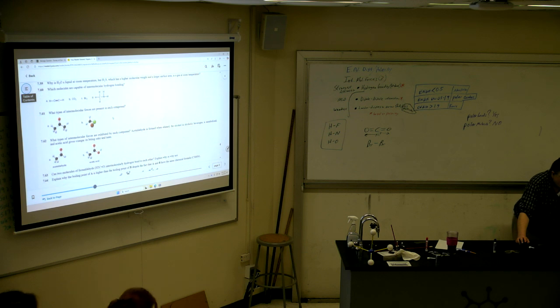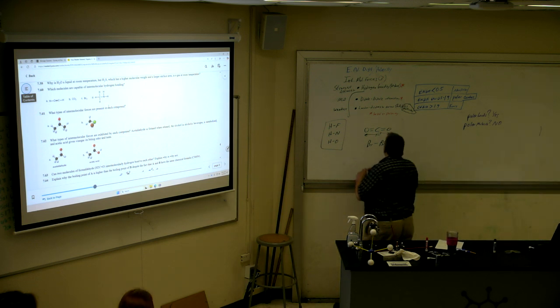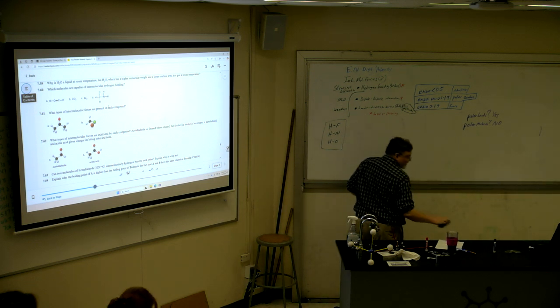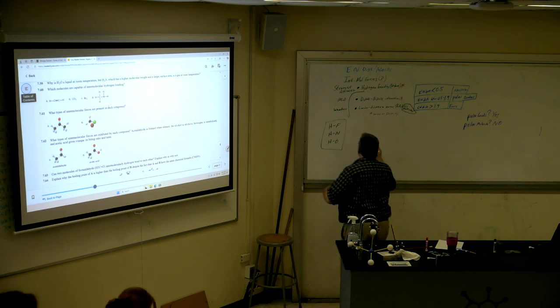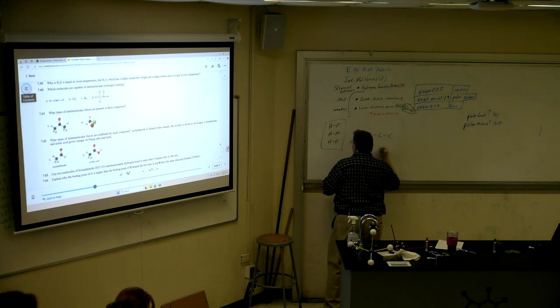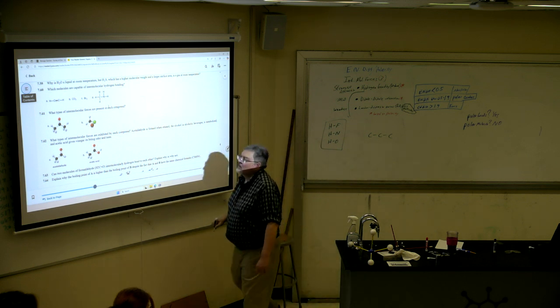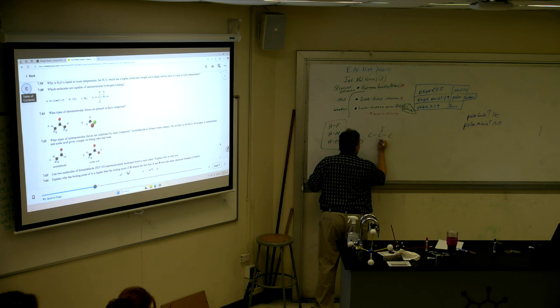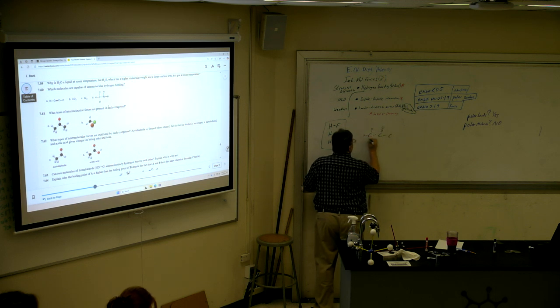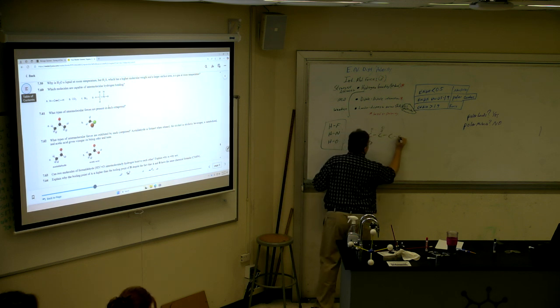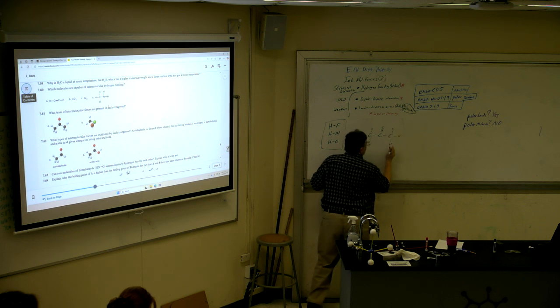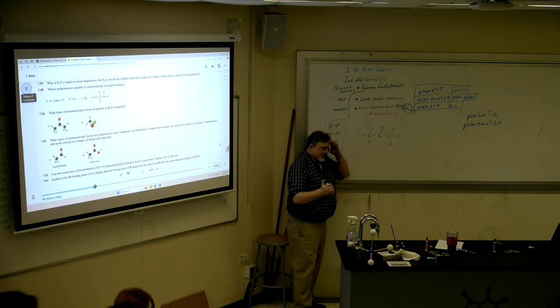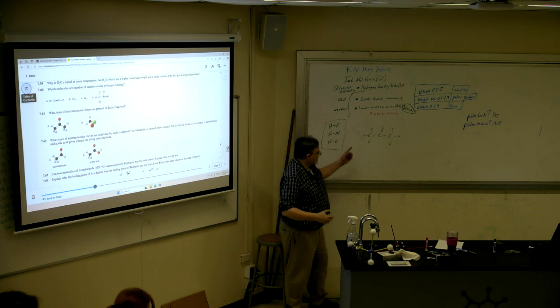Let me draw these. This is saying which intermolecular forces are present. Instead of giving you those colorful three-dimensional diagrams, I would have given you this. It's just got an oxygen here. And like I keep saying, carbon to hydrogen is nonpolar, carbon to carbon is nonpolar.